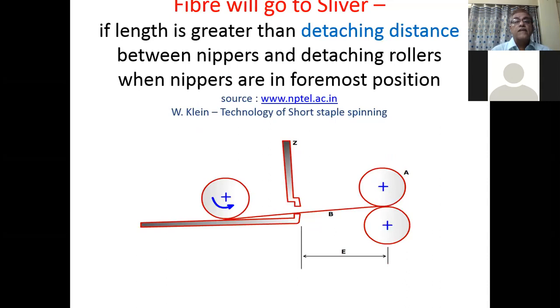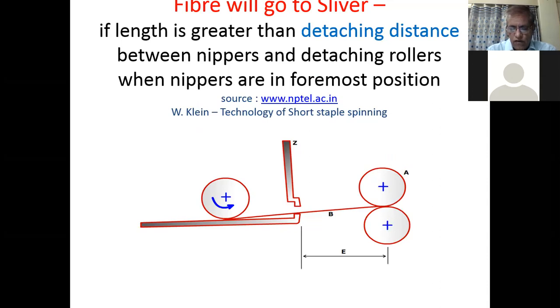Next is fiber will go to sliver. When will fiber go to sliver? If length is greater than the detaching distance, that is the distance between nippers and the detaching roller when nippers are in foremost position. As we have seen earlier, nippers are going forward and coming backward.